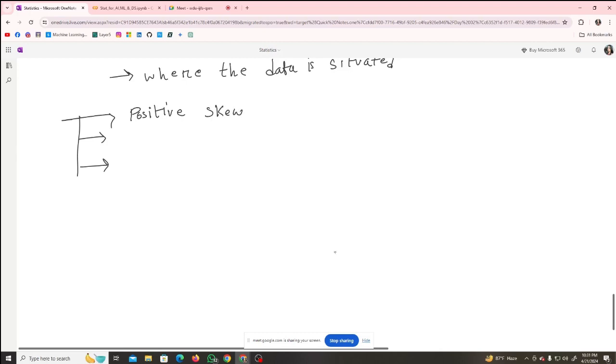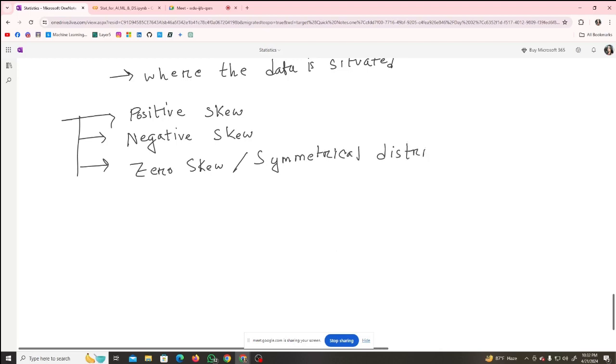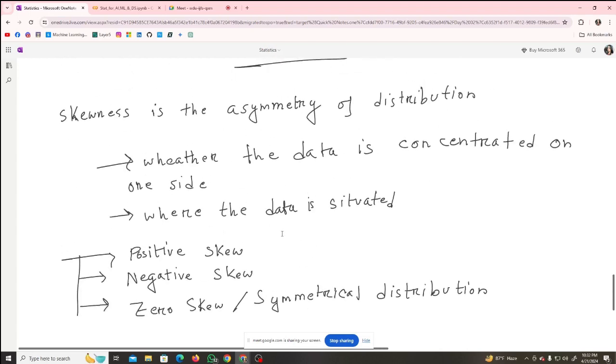Then we have negative skew, and then we have zero skew, or you can say symmetrical distribution.